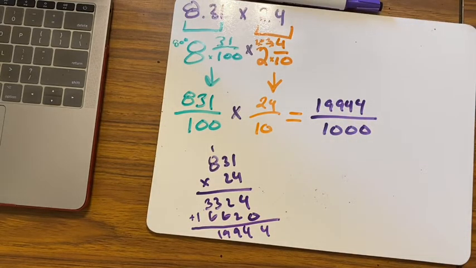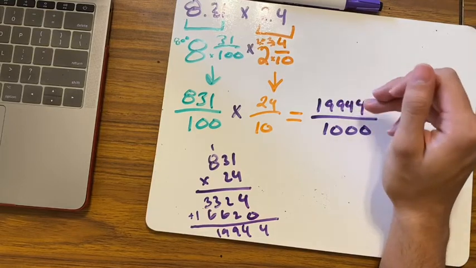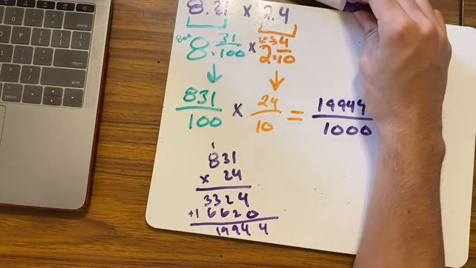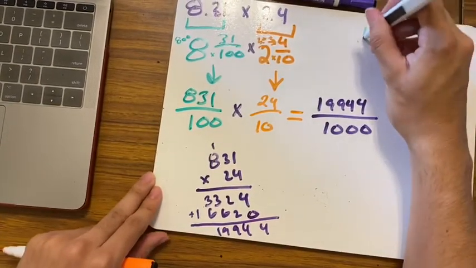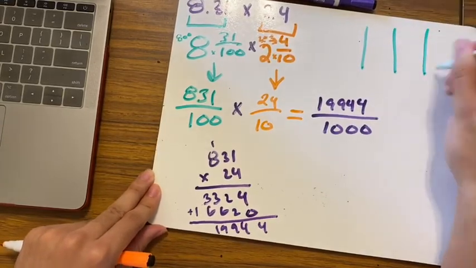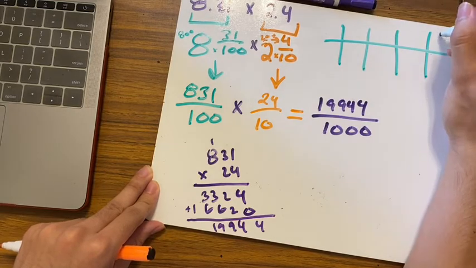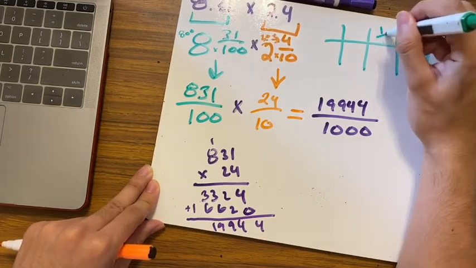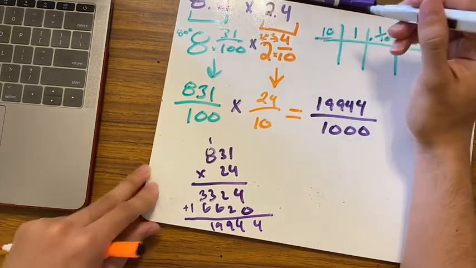But anyways, we have this, right? 19944 over 1,000, okay? Well, how do I know where my decimal is going to go? Well, again, let's use a place value chart. I have my thousands, my hundreds, my tenths, my ones, and my tens, okay?